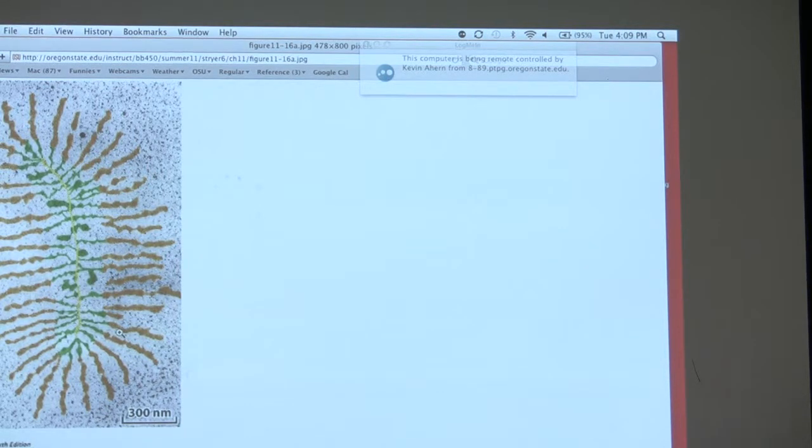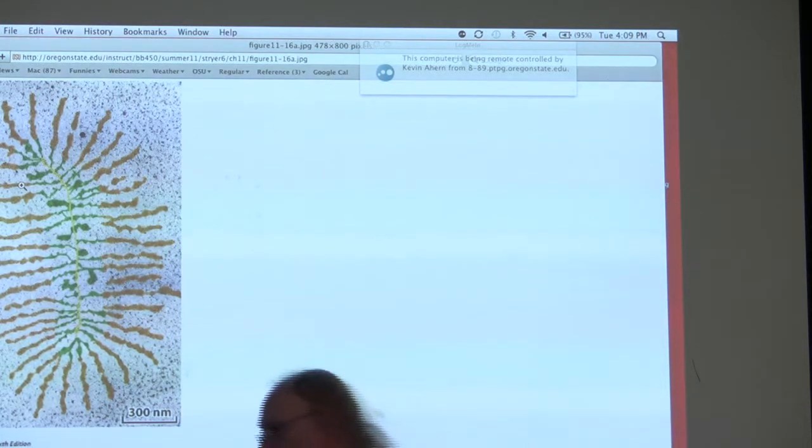These polyanionic compounds are trying to get as far away from each other as they can. That's why we see it all spread out, and that is a reflection of what's happening even if we don't have the protein here. The protein is the green part, and the polysaccharide component is out here. That negative charge causes them to repel each other, and that repelling does change the chemistry of what's there.